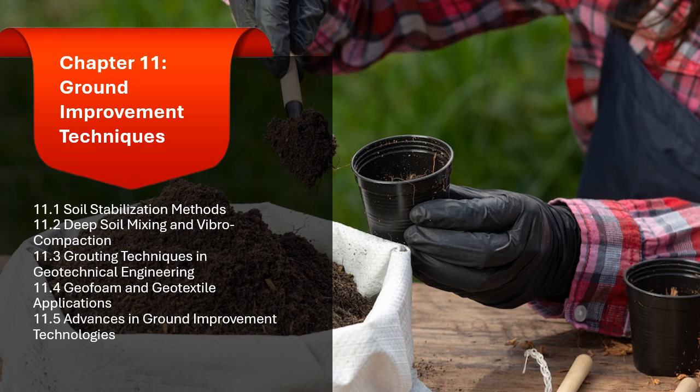1.4.1.1 Properties of geofoam. Low density. Geofoam has a density ranging from 15 to 45 kilograms per cubic meter, making it much lighter than conventional soil or other geotechnical materials.